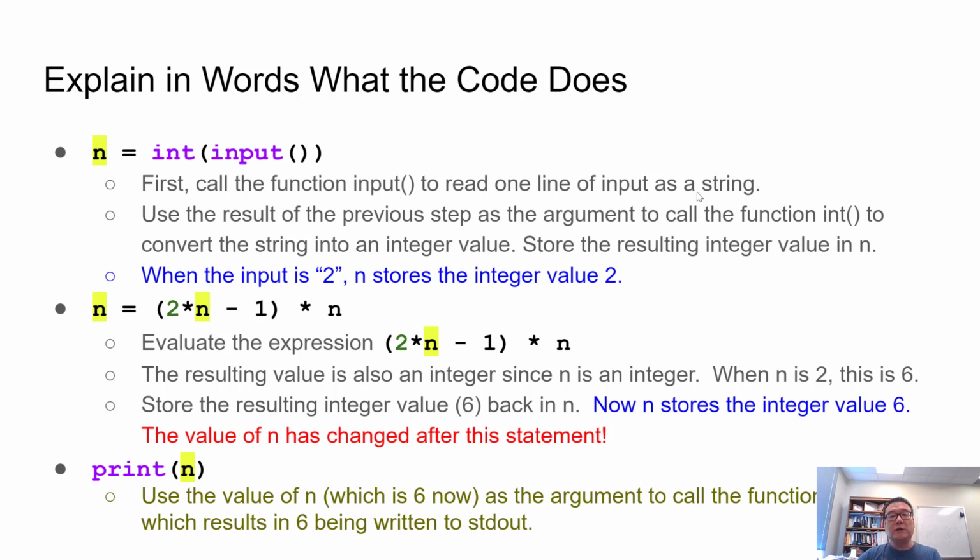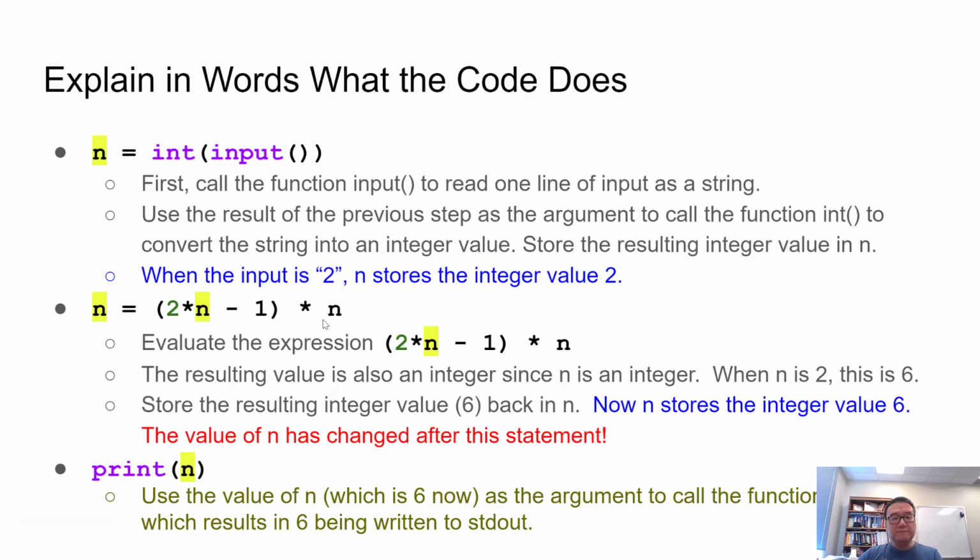It reads one line of input and returns the result as a string. Then we invoke the int function using this string value as an argument, so the string gets converted into an integer value. Because this is an assignment statement, that integer value will be stored in the variable n. For example, if the input has a single line with a 2, then after the execution of this line, n stores the integer value 2.